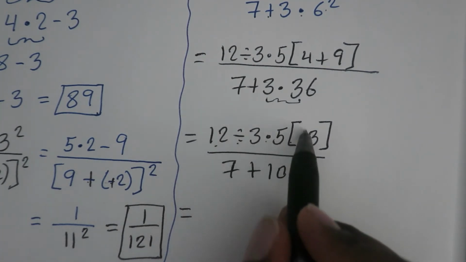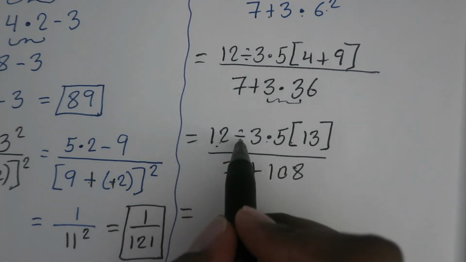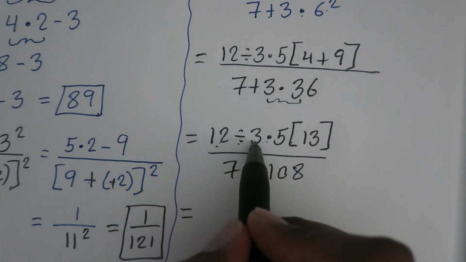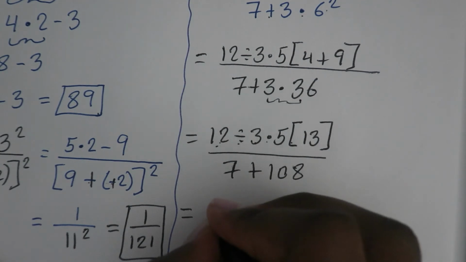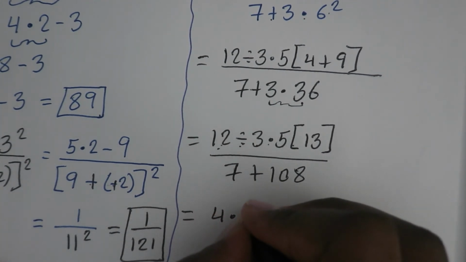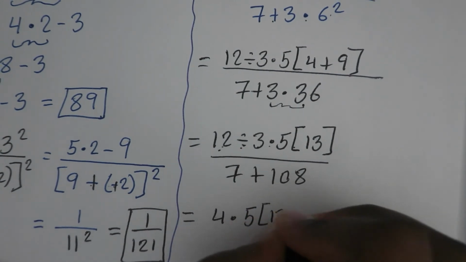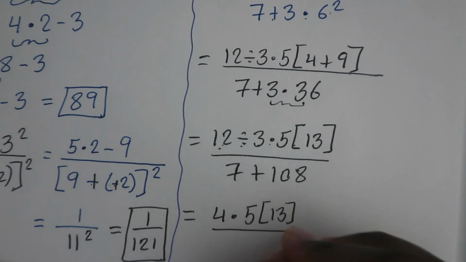Again, this is multiplication, so we're going to do division first. 12 divided by 3 is 4 times 5 bracket 13 divided by 7 plus 108 is 115.